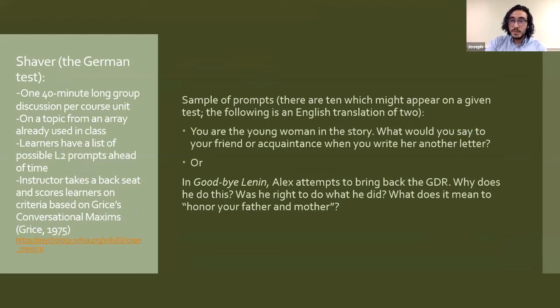Shaver is a German professor at a small liberal arts college, and she wanted to create a test to test intermediate students' speaking abilities. But she noticed that there were problems with finding a rubric that could grade these students. And so she created this really interesting German test that I found extremely interesting. So I'm actually going to try to share my screen and go to the German test.